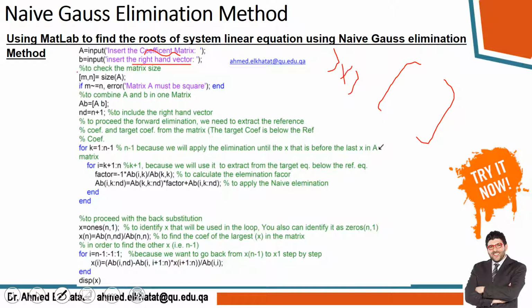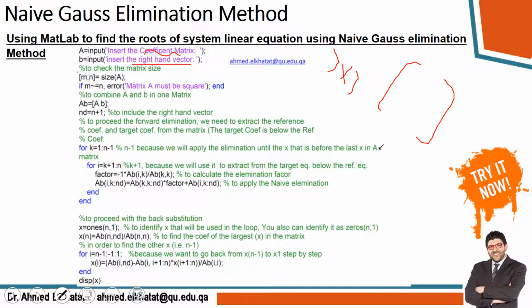If M doesn't equal N, then error, matrix must be square, and the program will end. Now if not, we can start our iteration method to solve it.